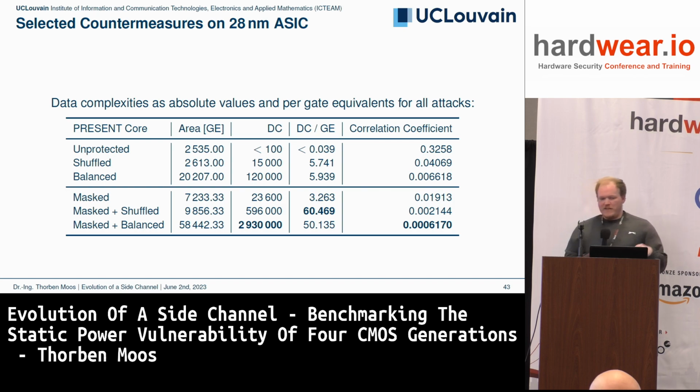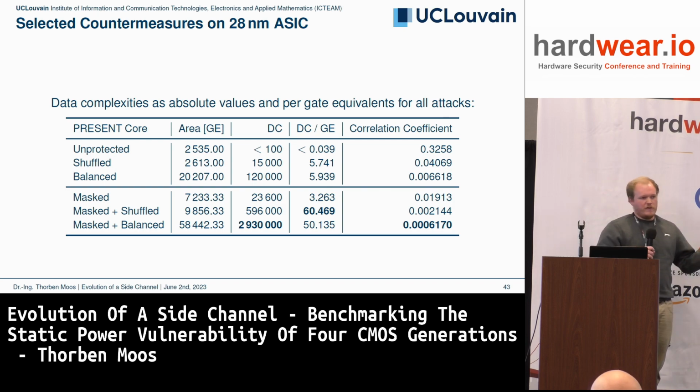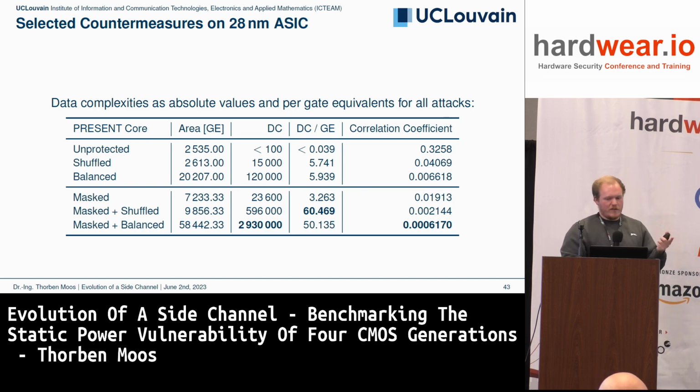So here are the data complexities, first as absolute values and then per gate equivalents, so that we have a relation between the security and the price we pay. And in that regard, the masked plus shuffled variant is actually outperforming all the others.